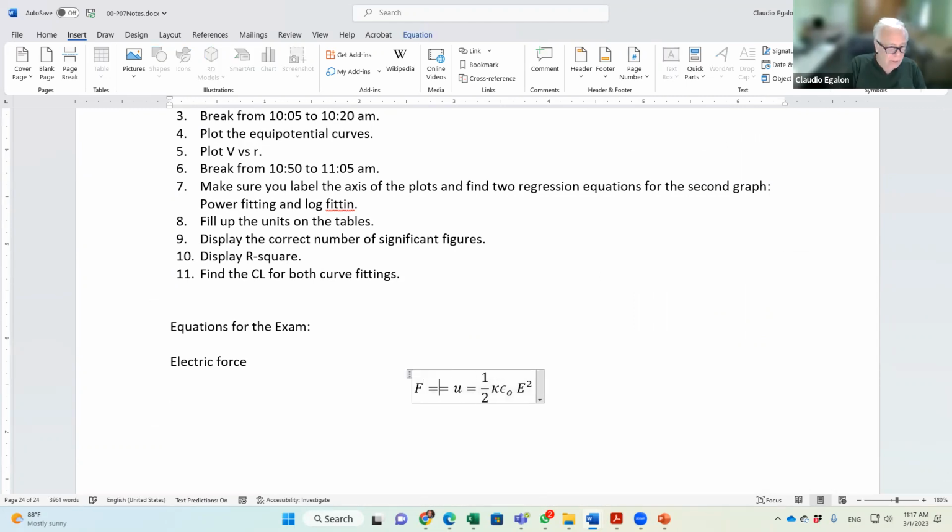Electric force between 2 charges is K, Q1, Q2 over R squared. This you have to memorize, because it's a law, Coulomb's law.